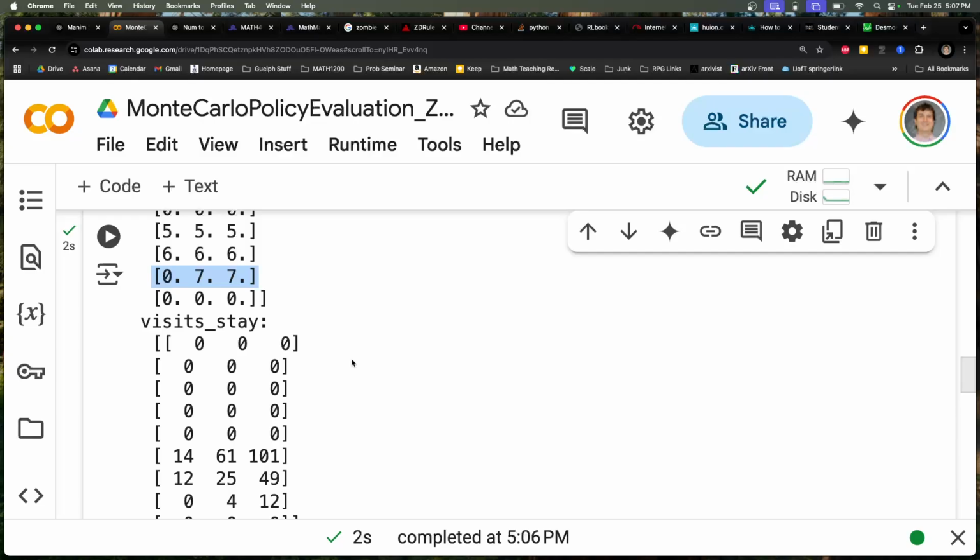Like the way we're doing this, we're pretending that in the actual game, you know if you stay, you get the number of points. But we're pretending you don't know, and you're learning. You're like, oh, I stayed and I got 7 points. In this situation, we were never there. We never visited the state of having 7 brains and 0 shotguns. And so we don't know what happens if you have 7 brains and 0 shotguns, because we never visited. That's a great question.